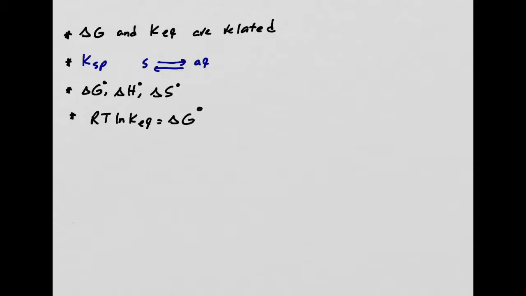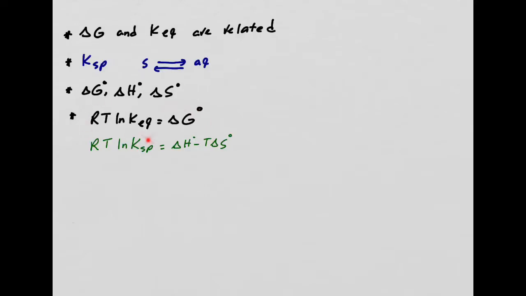I'm going to say RT ln of KSP, because my equilibrium constant is KSP, a solubility product, because I'm looking at how much of the borate will dissolve in water, equal, instead of delta G, I'm going to put delta H minus T delta S. And that's okay, because delta G equals delta H minus T delta S.